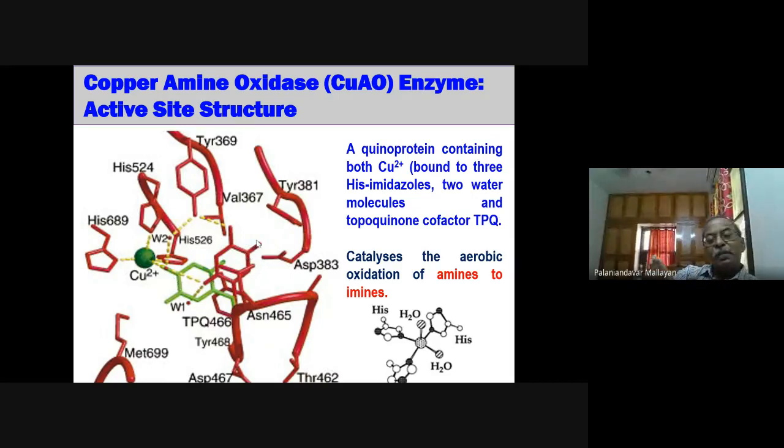So the very part of this active site is generated by the presence of copper. This is a theory, but there is no proof for this. And so the assembly of this enzyme, this whole active site itself, is very interesting. We have questioned whether copper is needed for the oxidation of these amines to aldehydes and then to ketones, right?